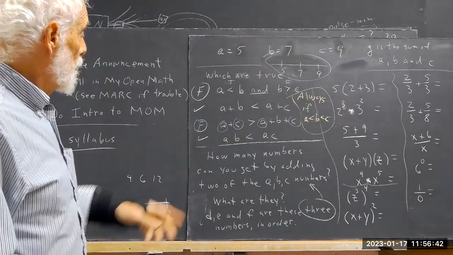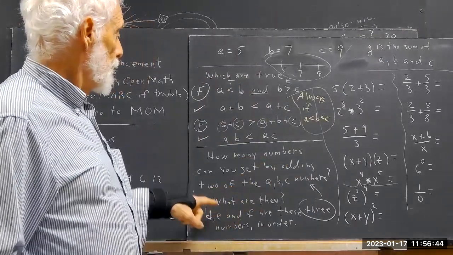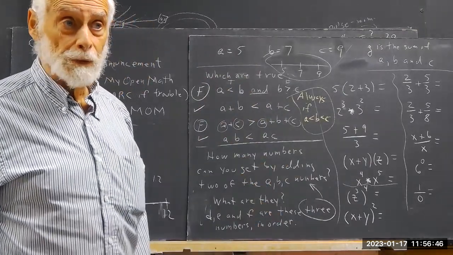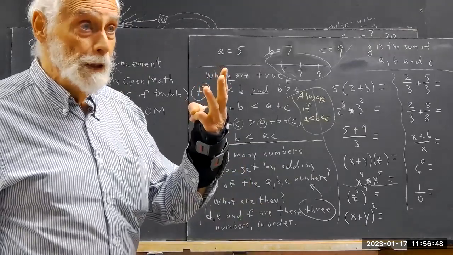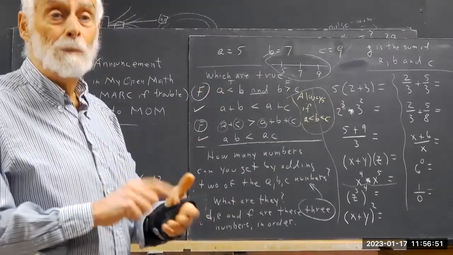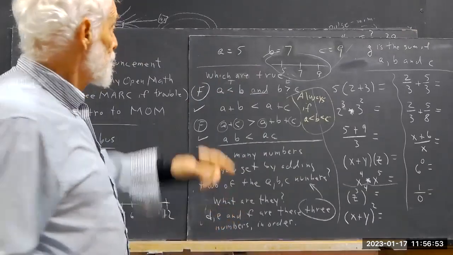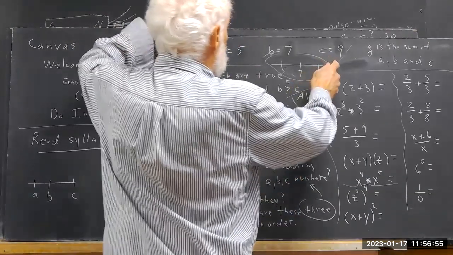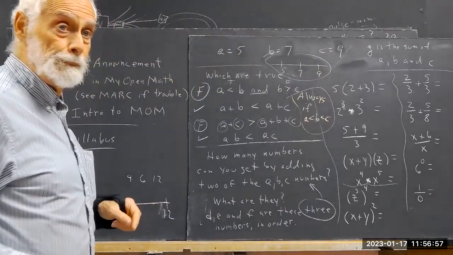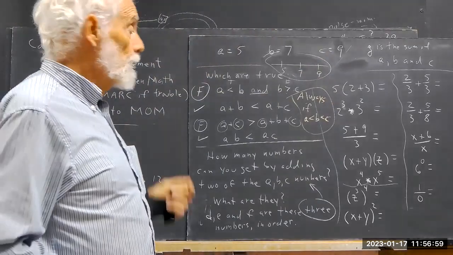Okay, how many numbers can you get by adding two of the ABC numbers? Well, there are only three possible pairs, A and B, A and C, B and C, right? So I could add these two, I could add these two, or I could add these two. Okay, well, what are the numbers?